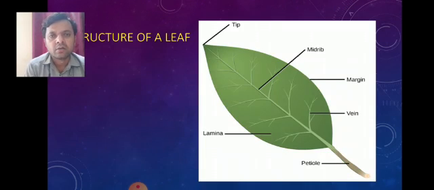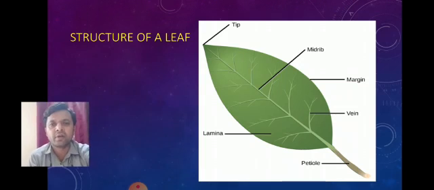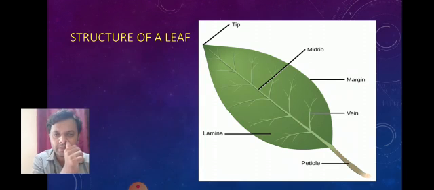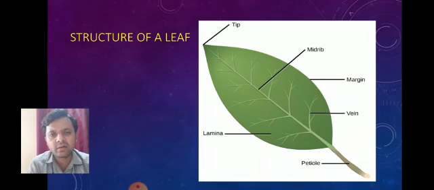Leaf, the second part of a plant that we are discussing here, that is leaf. Let us see the structure of a leaf first. Look at the diagram of a leaf very carefully. If you observe the diagram very carefully, you will find that the leaf is divided into two main parts. The leaf is divided into two parts, and there is one line in the middle of the leaf which divides the leaf into two parts.